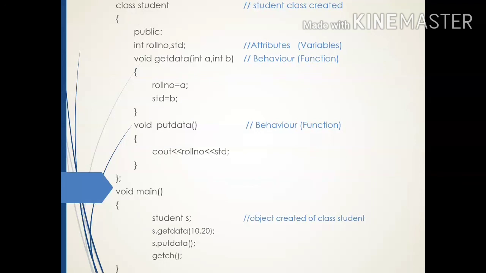In main function I am creating an object of class student, and with the help of that object I am accessing member function of student class, that is get data and put data. For that, object dot get data, and arguments are 10, 20, and second one I am accessing put data. For that again I am using object name dot operator, and then my function name is put data.